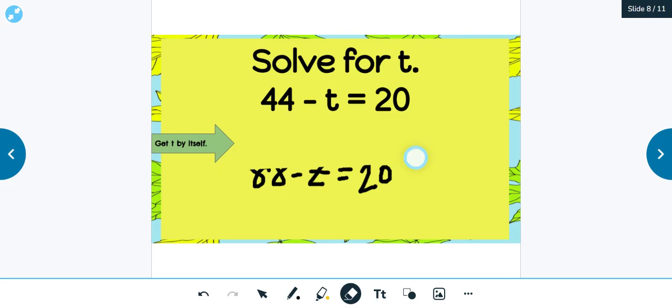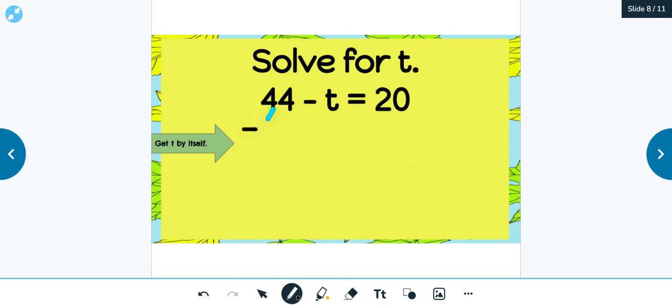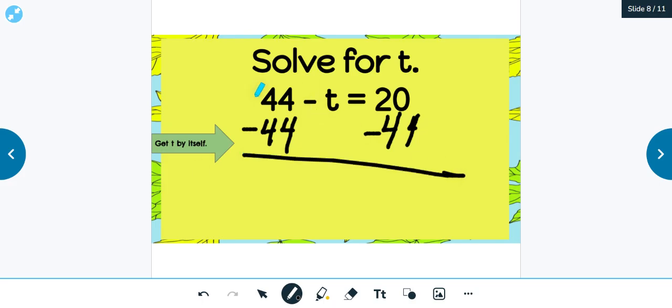Let me erase this work here. So we are actually going to subtract 44. We're going to take this 44 away. So even though you see that minus there, you have to think about what's actually happening in your equation, and you're doing the opposite of that. I'll subtract 44 over here. 44 minus 44 is 0. There we go. Now we know that's right. This minus t, we can't just get rid of this minus.